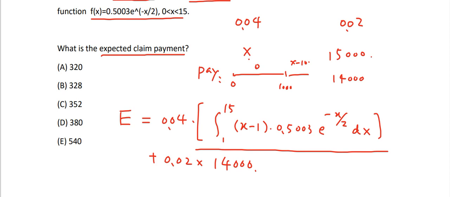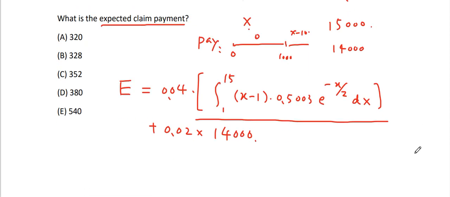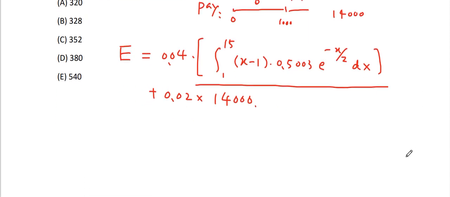We need integration by parts. But anyway, we want to simplify a little bit. At first, we take the coefficient 0.04 outside and put it in front. And we substitute x minus 1 equal t, to make this integration easy.